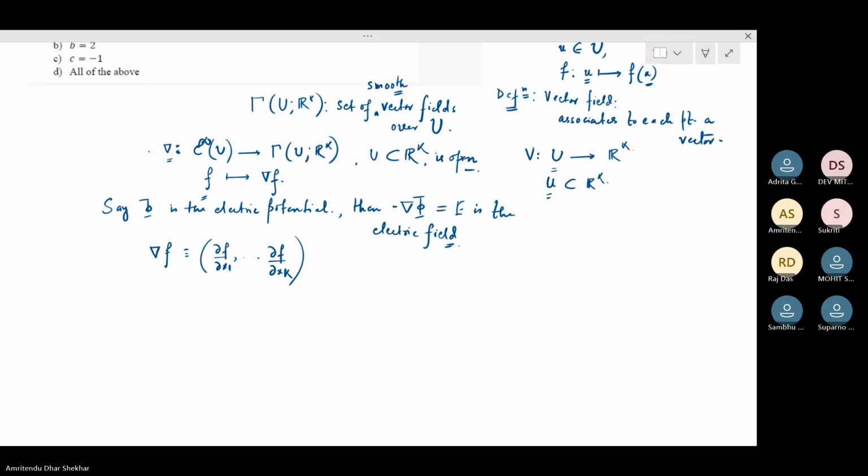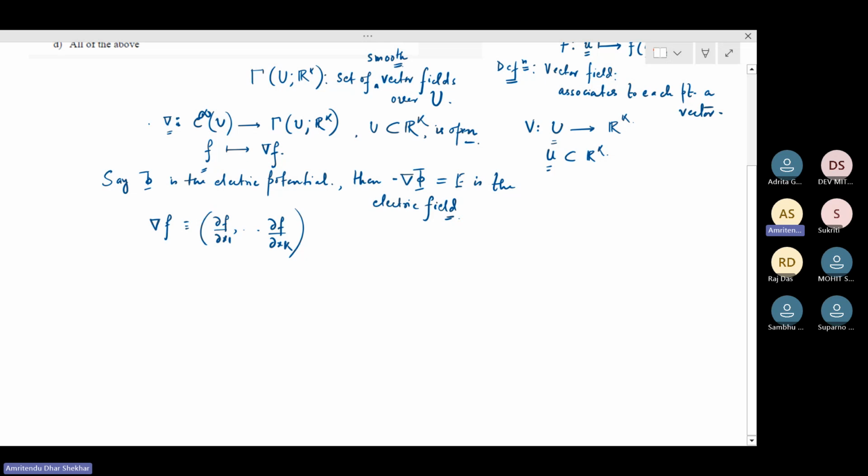Okay. But in the context of vector fields, of course, you can ask how a vector field changes from one place to another place. And that, of course, leads us to the definition of what we call a connection. But we're not going to go there.